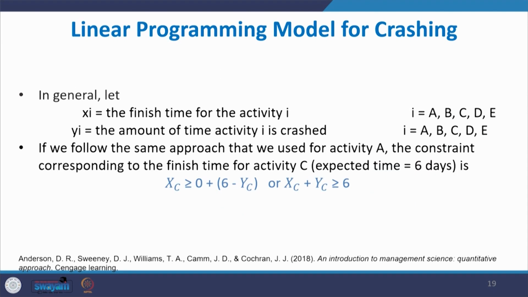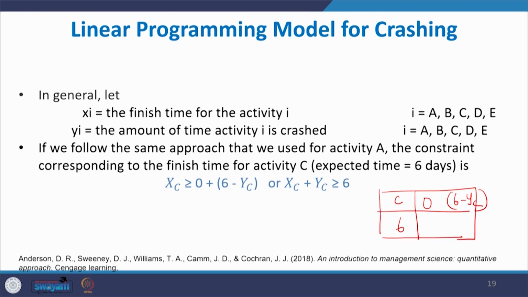If we follow the same approach that we used for activity A, what is the constraint corresponding to the finish time for activity C? Activity C is like this. The duration is 6 days, the earliest starting time is 0, then it is 6 minus YC.